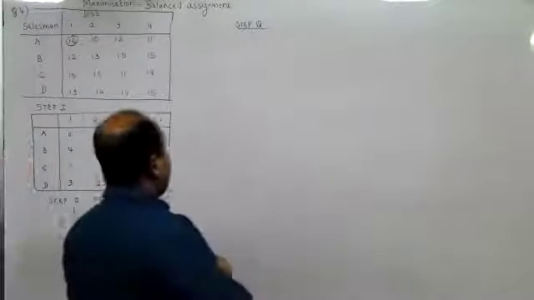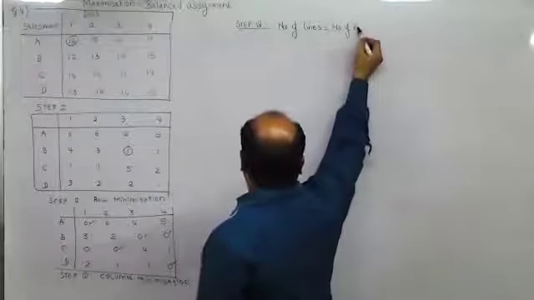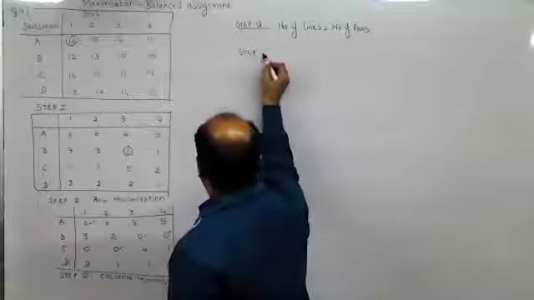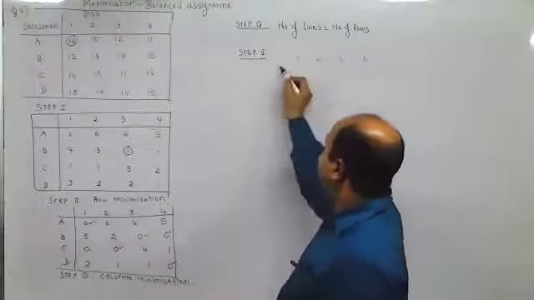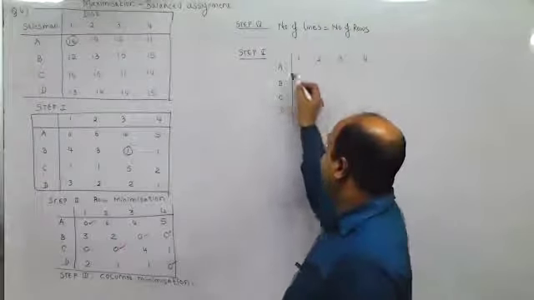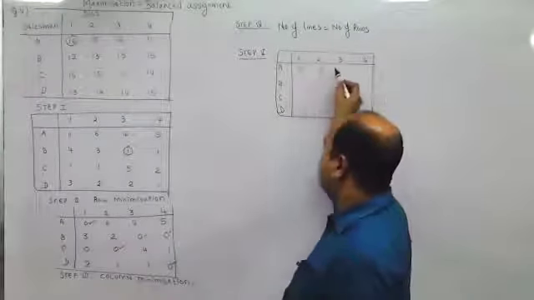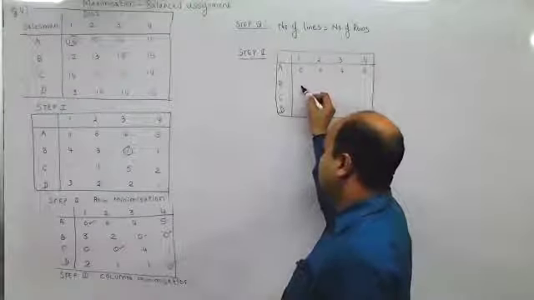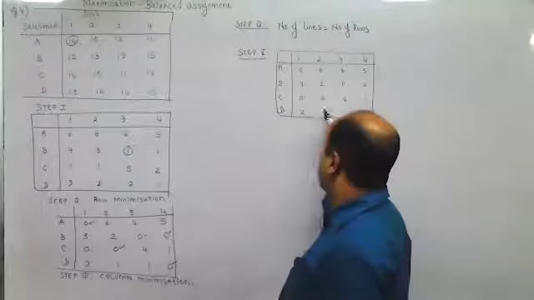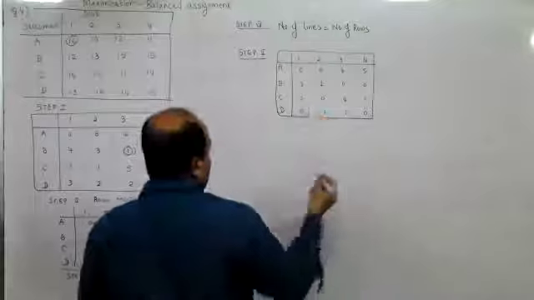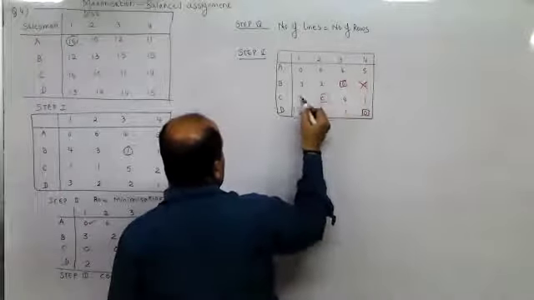So number of lines equal to number of rows. Now one single zero here, cancel this, one single zero here. Next, one single zero in this column, cancel this, this.